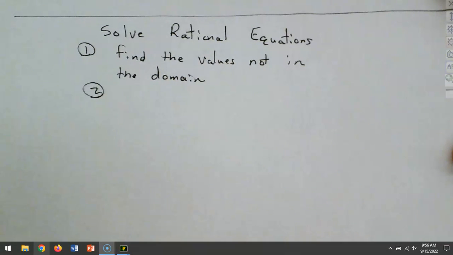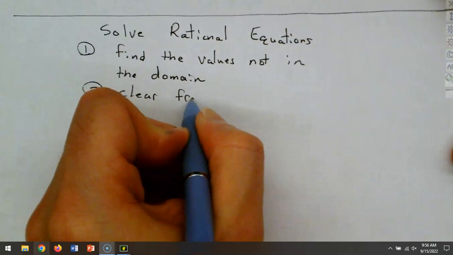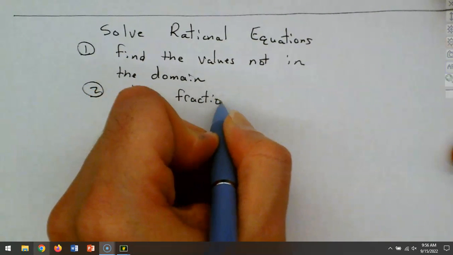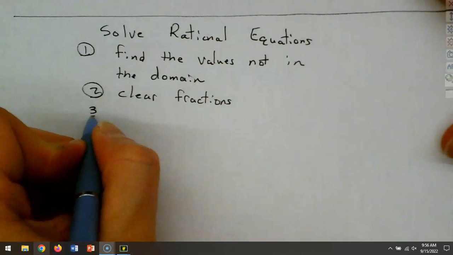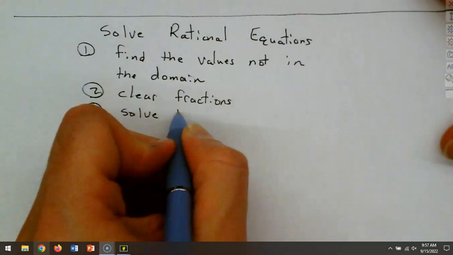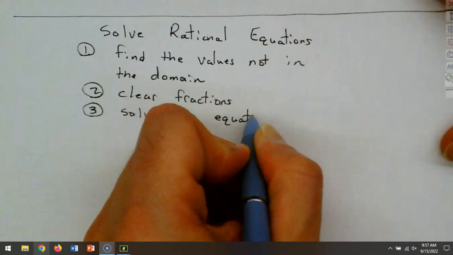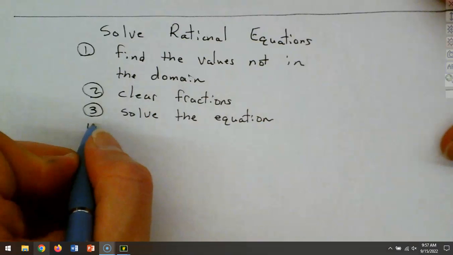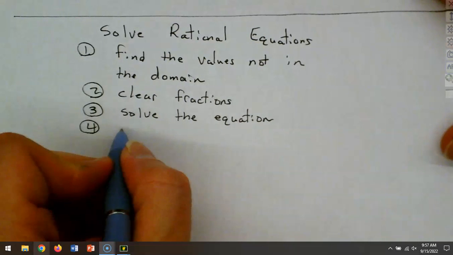Step number 2 is you clear the fractions. Once we've cleared the fractions, then we solve the equation. And then finally, we check each answer with step 1.